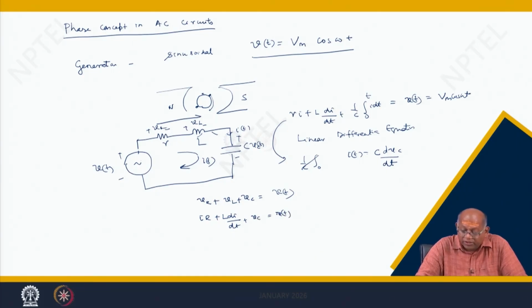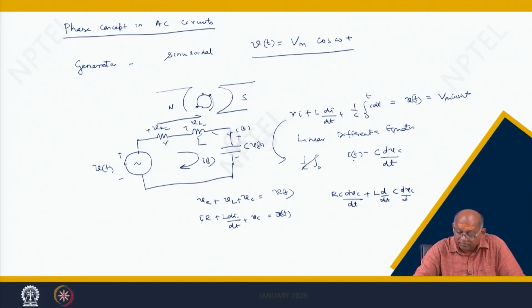So, what you can do is, here in place of I you plug in I as C dV c by dt. So, what will happen? R C dV c by dt. I just plug in I here, and then L d I by dt is L d by dt of C dV c by dt, then plus V c is equal to V t.